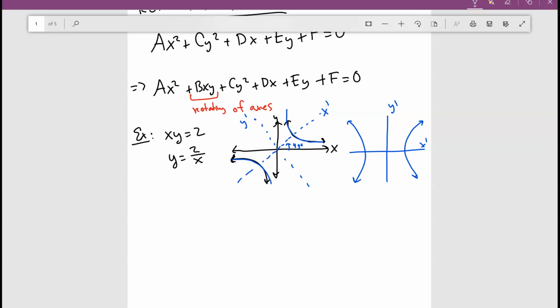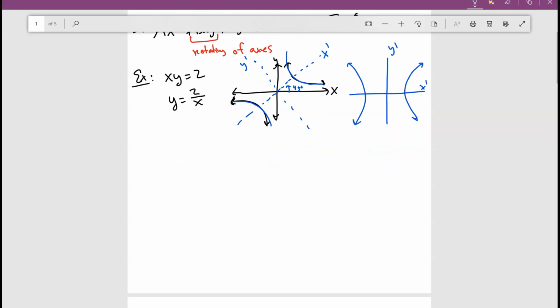So what we're going to try to do is derive the equations that will allow us to rotate the axes. So what we're going to start off with is the following. Let's say we are given a point x comma y.